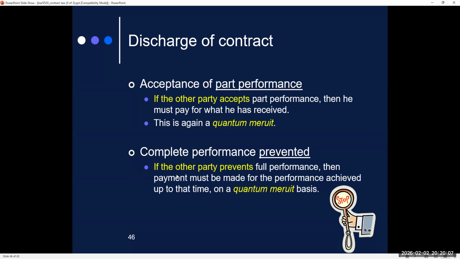So if I ask you to quote an example for complete performance prevented, could you give me a simple example? Any suggestion?